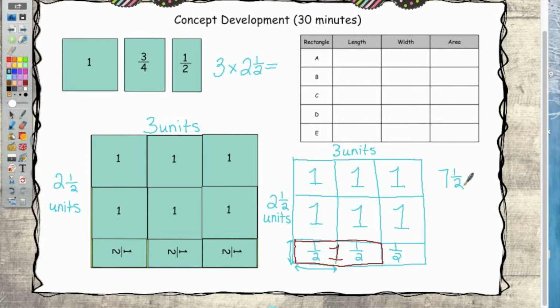Rectangle B. Okay, so let's write, now our length is going to be across the top today. So 3 units and then 2 1/2 units equals 7 and a half. 7 1/2 units squared. Good. And I'm going to do U2. How's that sound? Yeah. Okay.